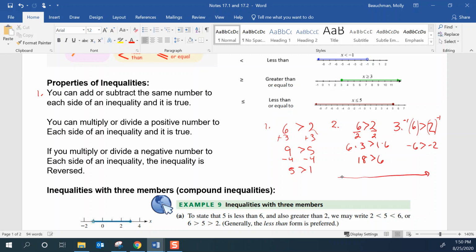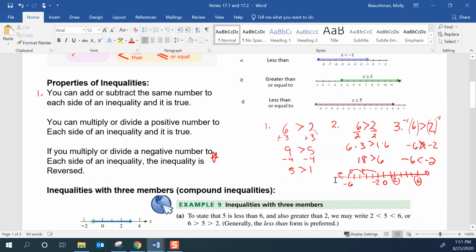If you take a look at a number line, 6 is greater than 2. But if we go the other direction, -6 is smaller than -2, so that's not true. -6 is actually less than -2. If a number is to the left on the number line, it's smaller, less than. And we're going to use this in the next section.